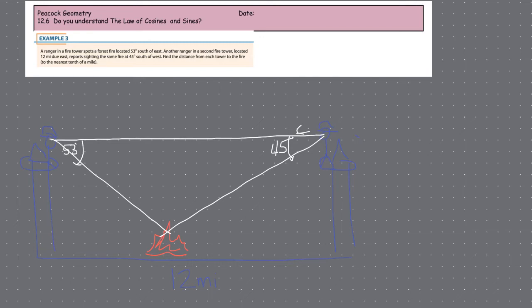So these two guys with their binoculars up to their eyes, we know are 12 miles apart. Now we know this angle is 45, and we know this angle is 53.